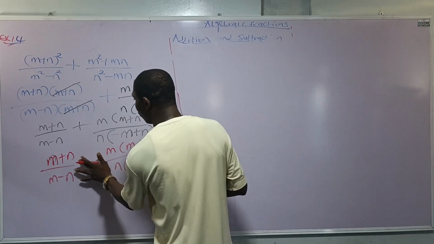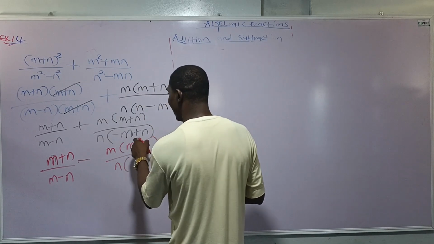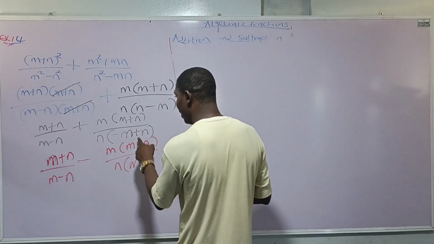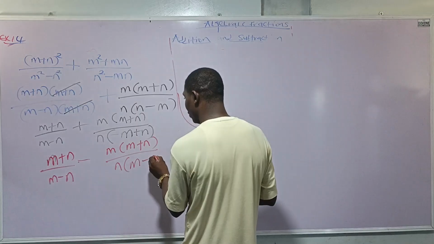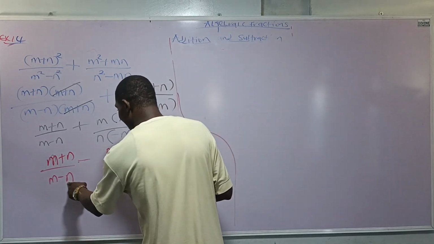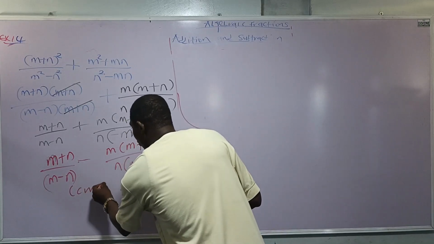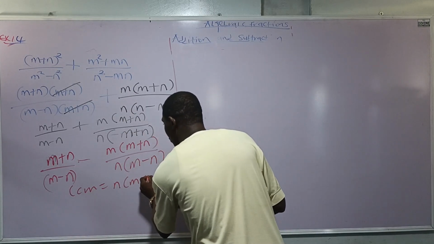If I change my plus now to minus, all the bracket will change. Negative m will become positive m, and positive n will become negative n. By this, this and this are now equal. So I can have my LCM to be n(m minus n).